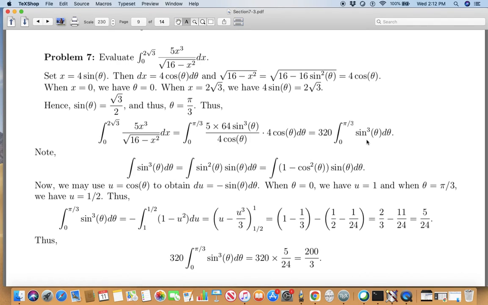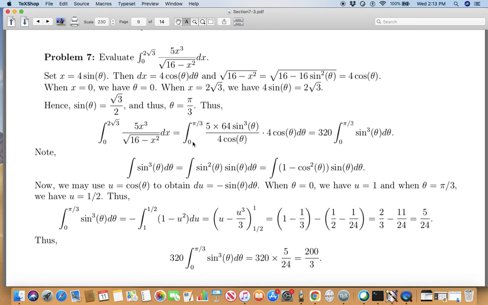Sine cubed, well, integral of sine cubed, you can separate it out as sine squared and sine. Why? So that sine squared itself can be written as 1 minus cosine squared. Now using substitution, cosine theta to be u, then du will have sine theta d theta with a negative. So all of this, don't forget the limits.